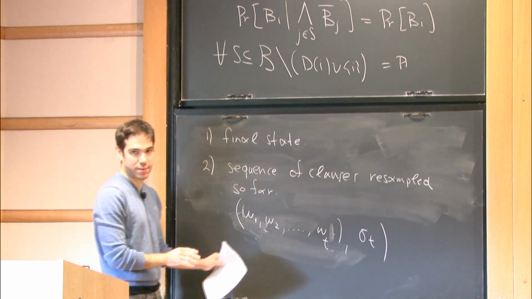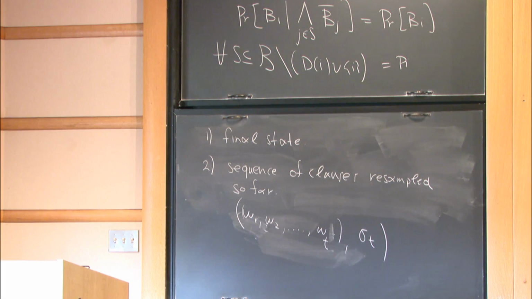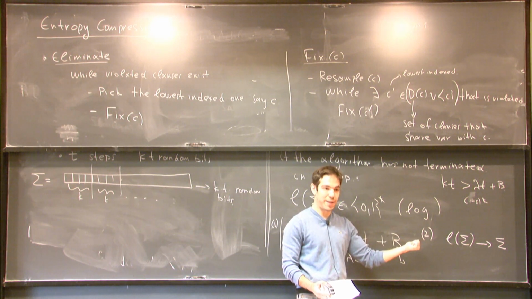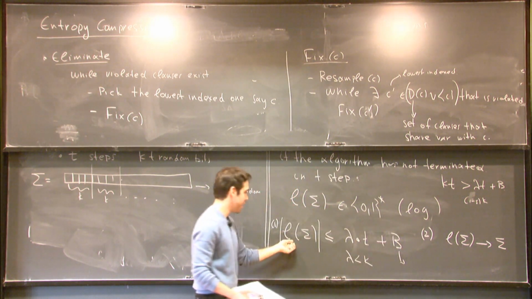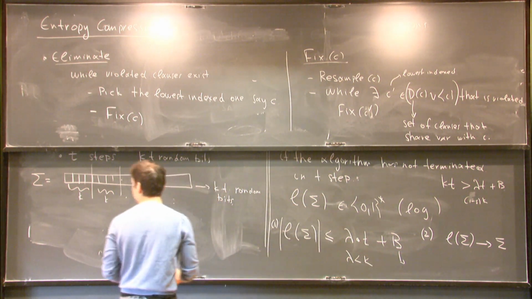Does that make sense? Okay, so we need to prove two things. The first thing is that given this string, I can get back the original random string that I used. The second thing is how to encode this efficiently.